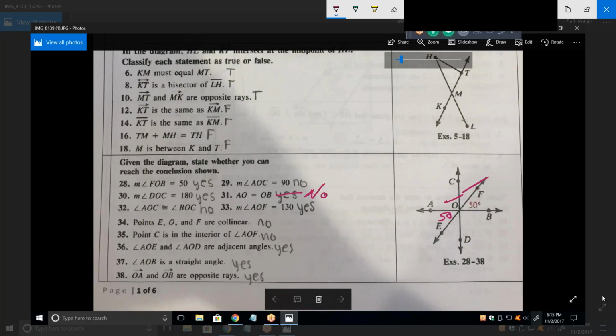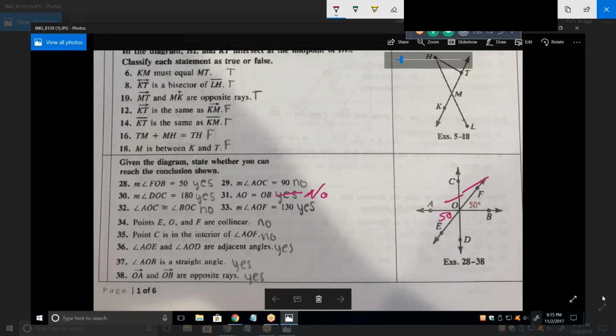They're supplementary, but that's not what it says. It says congruent. The only way we would know that is if we knew that AOC was 90 degrees. Then that would be true. But we have no indication of that. So no is correct. Sorry, I took so long on that one. Measurement of AOF is 130. That is correct.